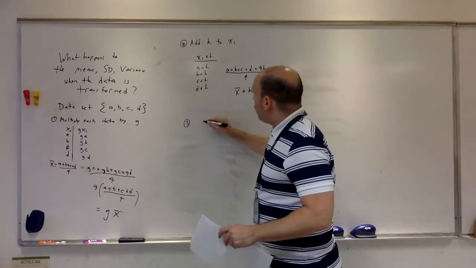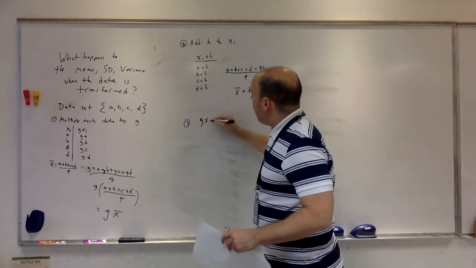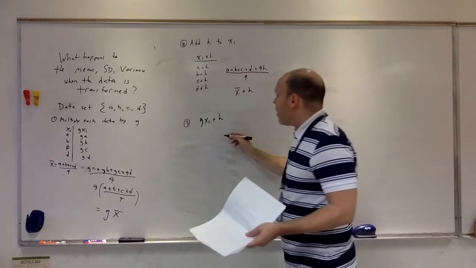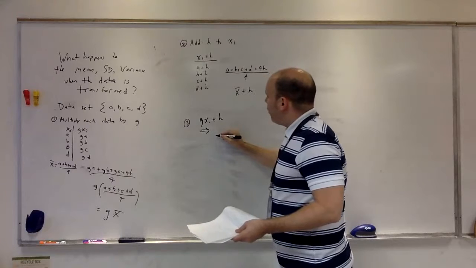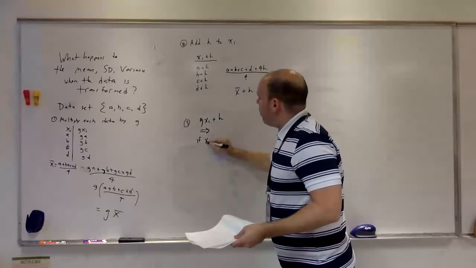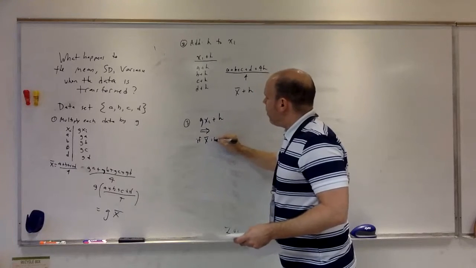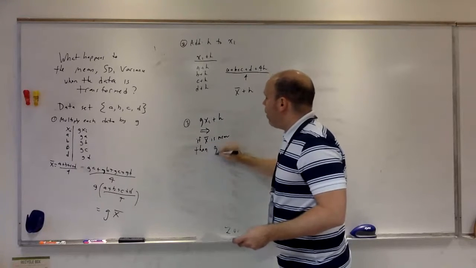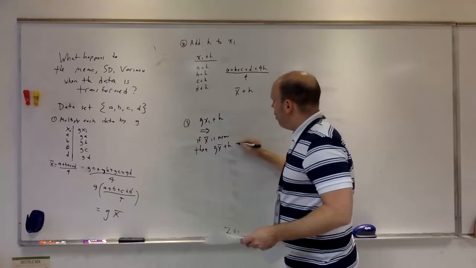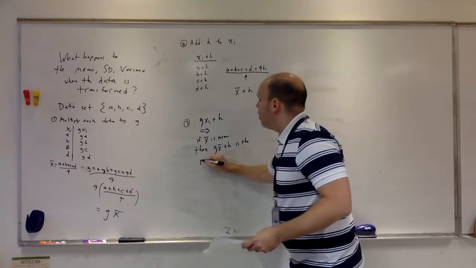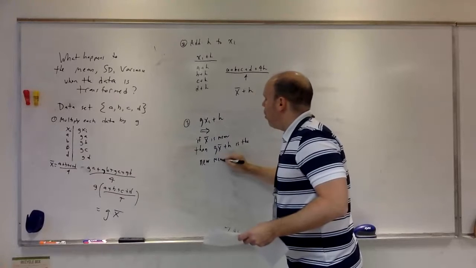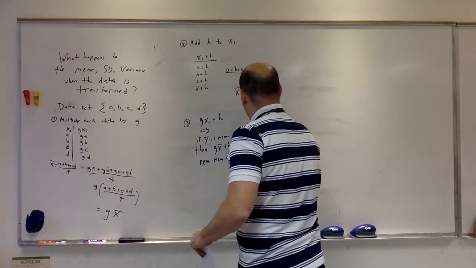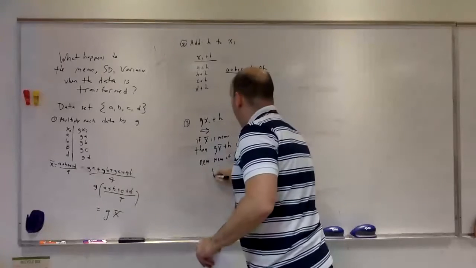Actually, the lesson I want to do is Gxi plus h. Well, you can kind of guess what happens. If the mean is the mean, then you can probably guess correctly that this is the new mean of the transformed data.